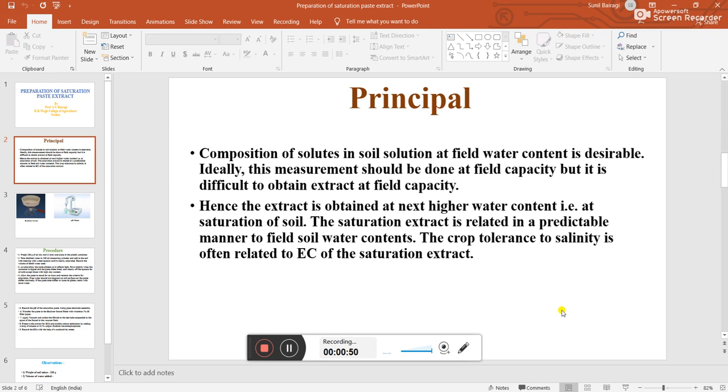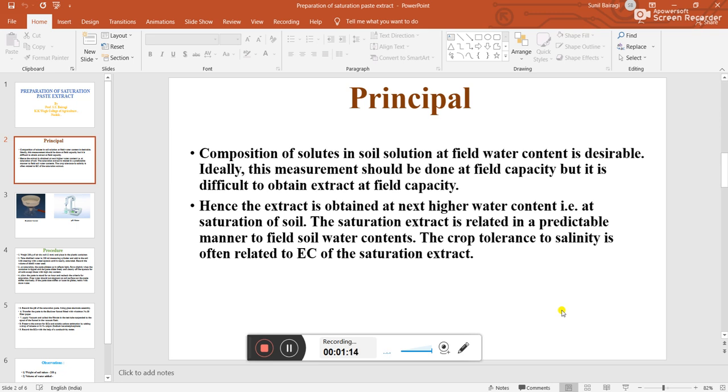So basically at the time of field capacity all the micro and macro pores are filled, but that is not a saturated condition from which we can obtain this extract. So mainly this extract is obtained at the saturation point of the soil. Then the saturation extract is related in a predictable manner to field soil water content.